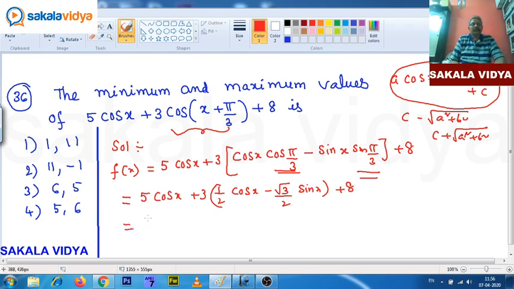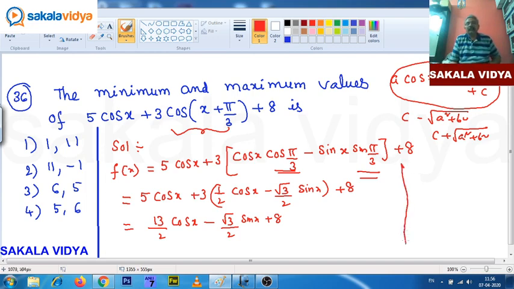So, 5 cos x plus 3 by 2, this is 13 by 2 cos x minus root 3 by 2 sin x plus 8. Okay, now apply this formula.